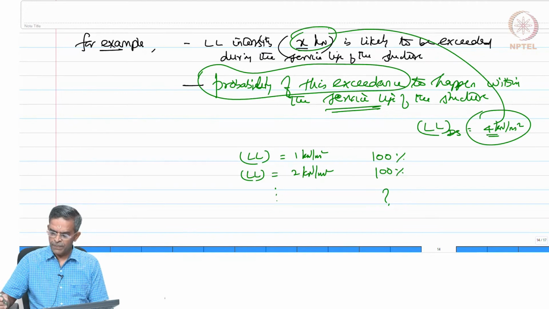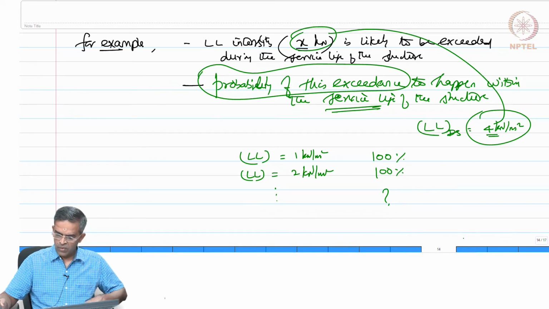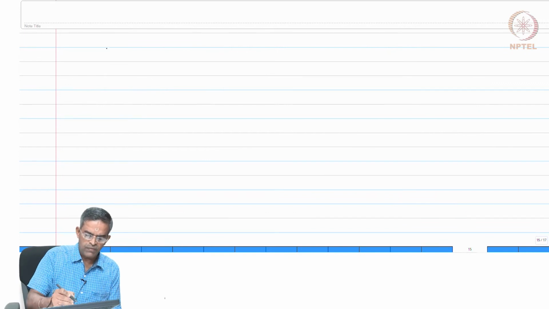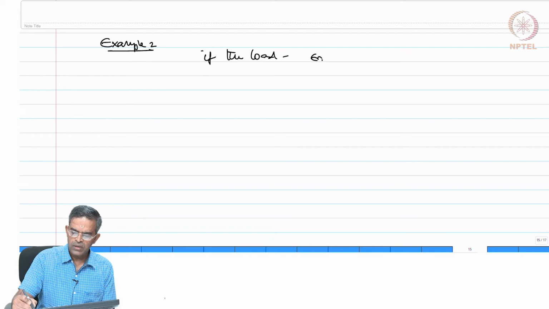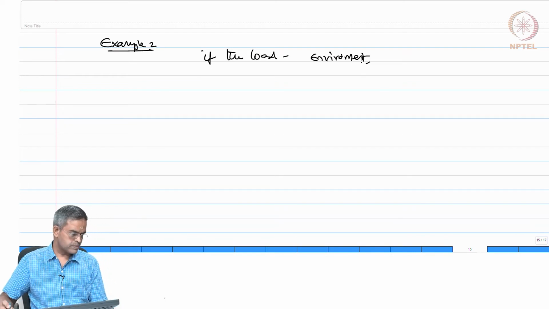For example, if the load is encountered from the environment, there is always a chance that this load can be exceeded, because the environmental conditions which will prevail during the service of the structure cannot be guaranteed.